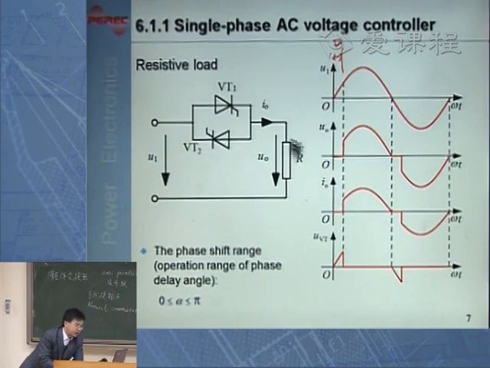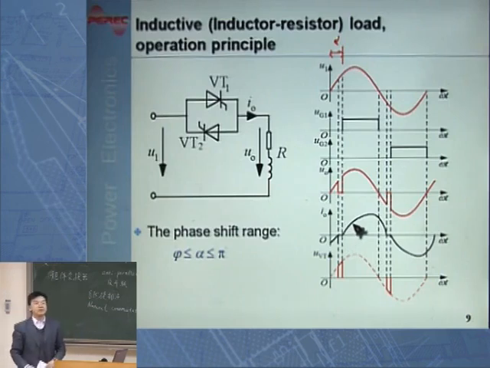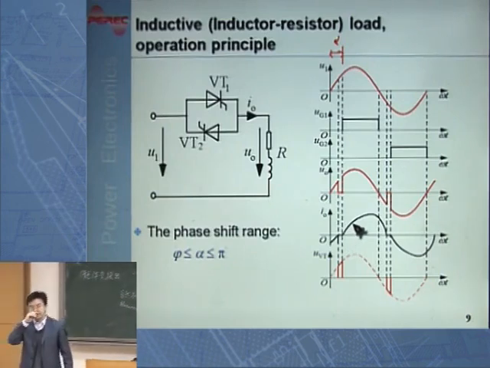But for inductive load, this will not happen. You always have an inductor here, therefore the load current will not change instantly because of that inductor. The load current will always start by gradually increasing from 0. That's the first point of difference.